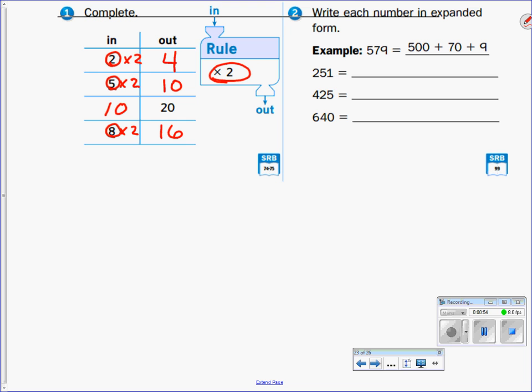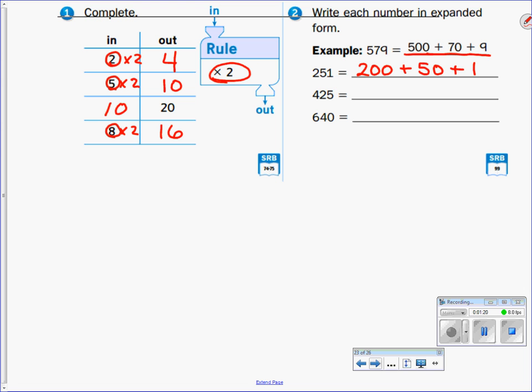All right, number 2, you are to write each number in expanded form. Okay, they gave you an example for 579, which would be 500 plus 70 plus 9. So we're just expanding it out into place value. So we would have 200 plus 50 plus 1.